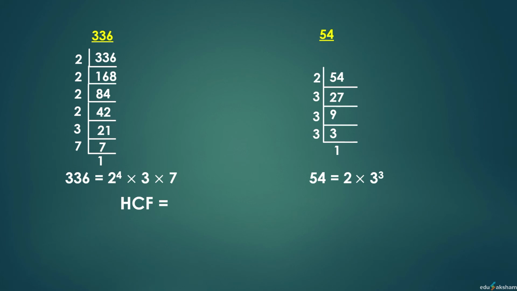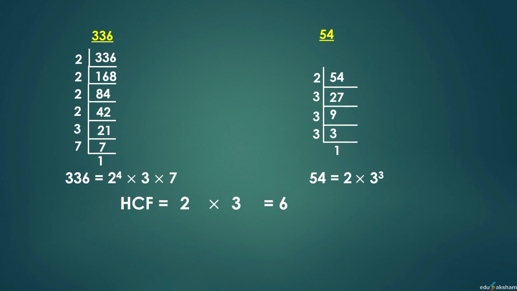This time there are two common prime factors in the numbers, which are 2 and 3, and we must select the smallest powers. The smallest power of 2 is 2 to the power 1. Therefore, we take 2, and the smallest power of 3 is 3 to the power 1. Therefore, we take 3. On multiplying 2 with 3, we get the HCF as 6.